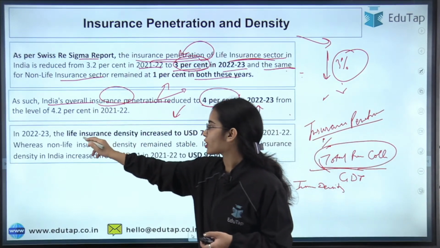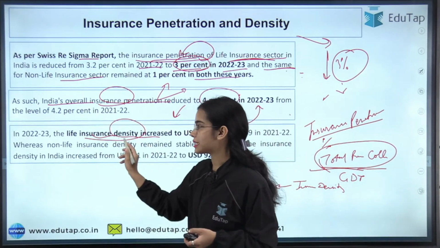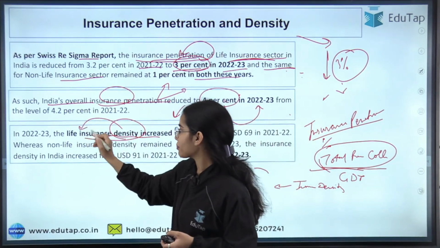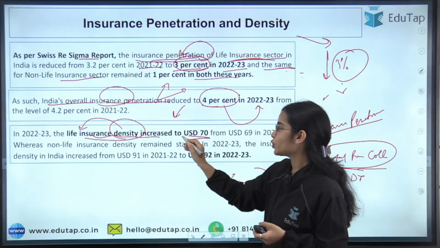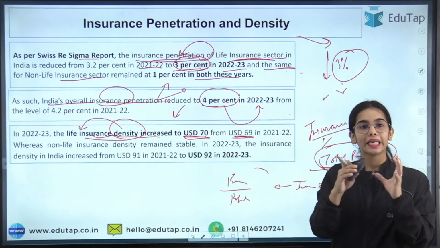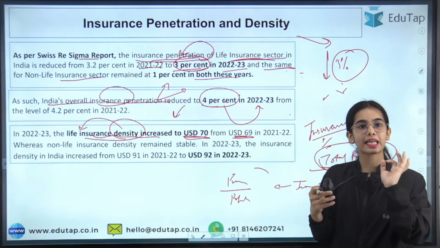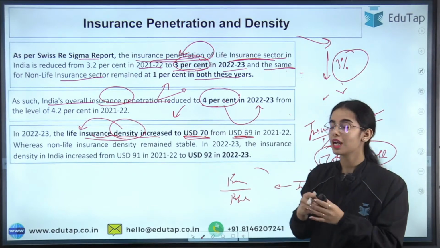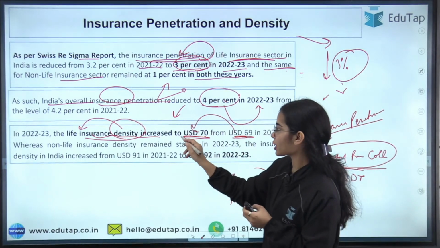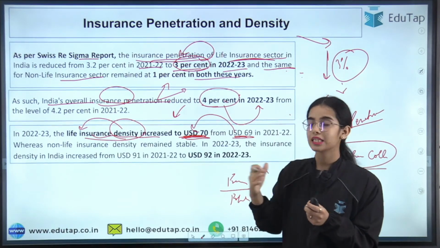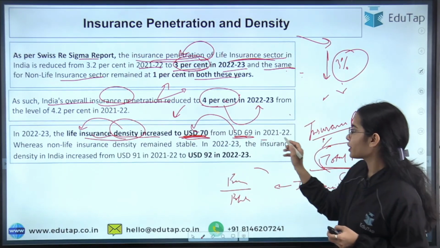Now the life insurance density. In the life insurance segment, the density has increased to USD 70 from USD 69. So before, on average in India, we were collecting $69 in insurance premiums, but now the average amount of premium collected has increased to USD 70.